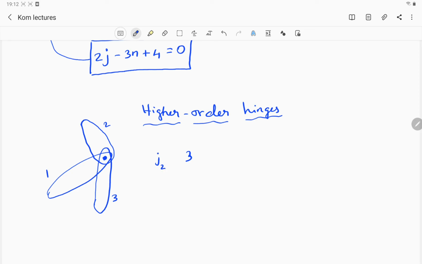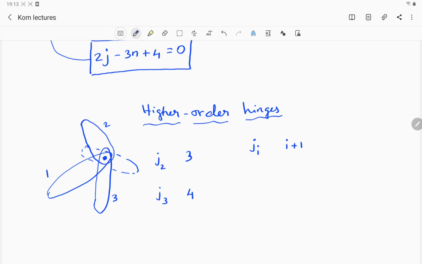And if in case there's one more link which has been connected, then that particular hinge connected 4 links, then we will call that as, sorry, once again, we'll call that as J3. So in general, if a kinematic pair connects i plus 1 links, then we will call that as Ji.